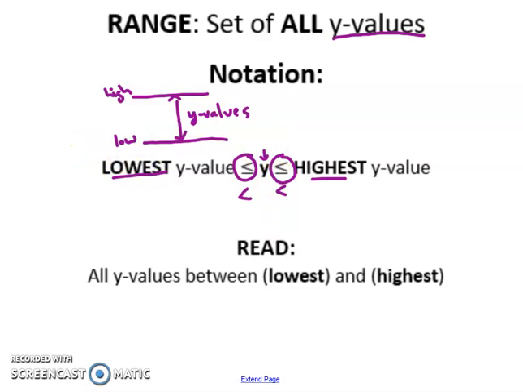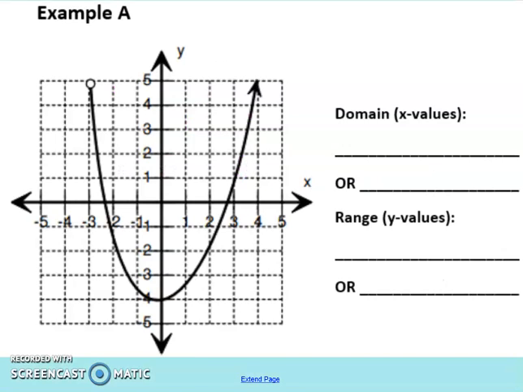So let's put this together, though, and look at what does that all mean, right? Okay, so we're looking at example A. Before we even start talking domain and range, there's a few things you need to watch out for. First thing are these dots. If it's open, remember inequalities, open dot means less than, so it's not or equal to.